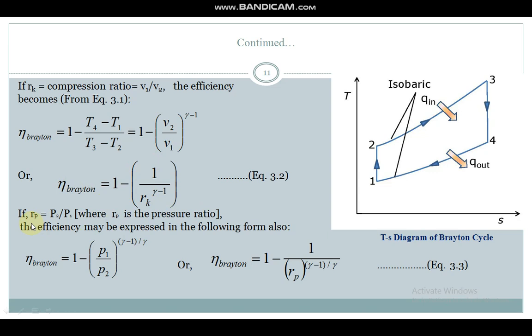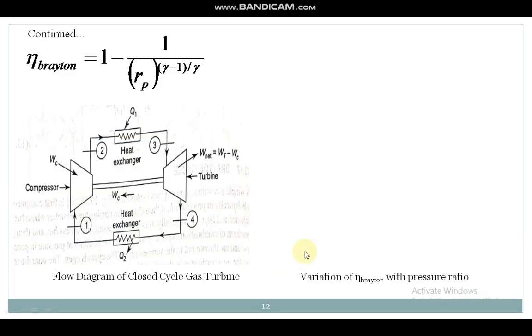And if we express the pressure ratio as P2 by P1, in the same way we can derive eta Brayton equals 1 minus P1 by P2 whole to the power gamma minus 1 by gamma, right? So this is the expression. Note that if Rp equals 1, eta Brayton is 1 minus 1, which equals 0.